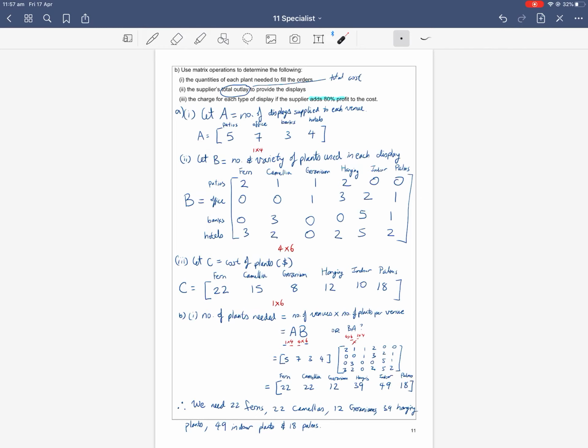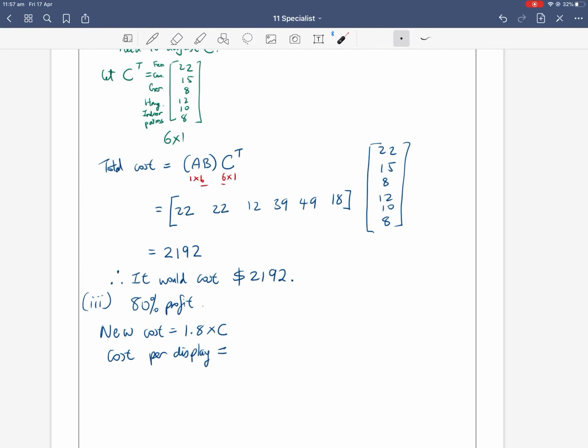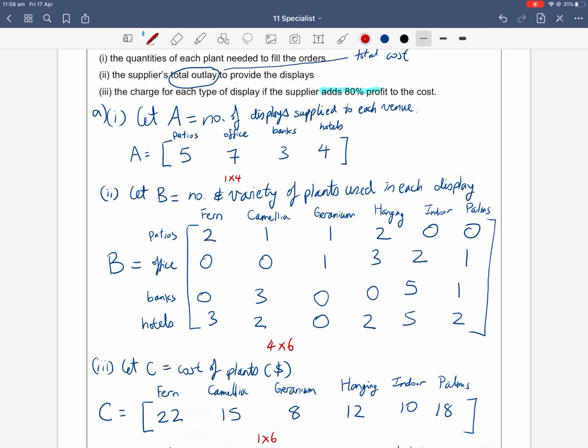So what we need to combine is matrix B, which is the number of plants needed for each display, and we also need C, the original cost of the plants. So really, cost per display would then be B, which is the number of plants per display, multiplied by the new cost. Right, so B times 1.8 C.